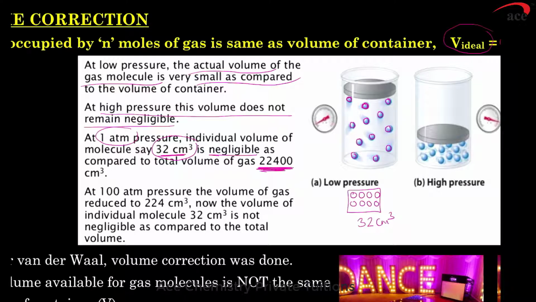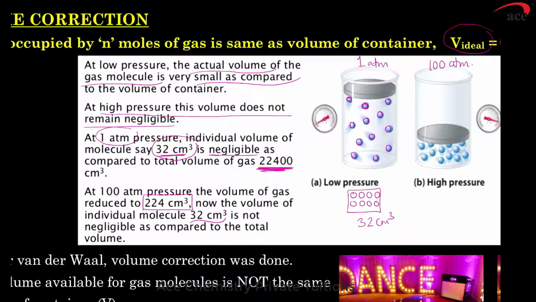But instead of 1 atmosphere pressure, if you increase the pressure to 100 atmospheres, so you have increased the pressure 100 times, then the volume will become 224 cm³. The volume occupied by all the molecules is still 32.